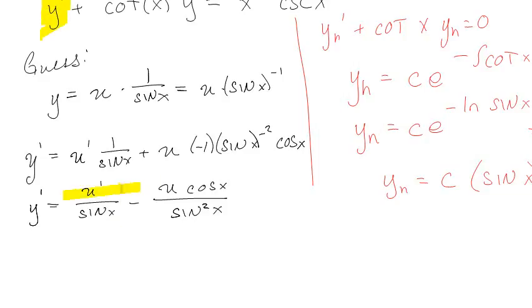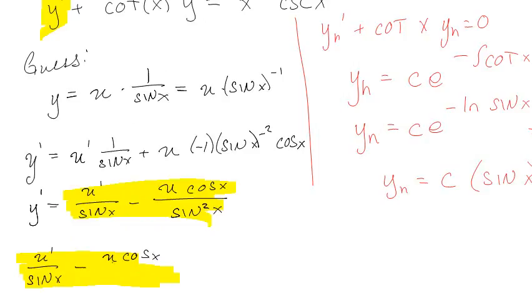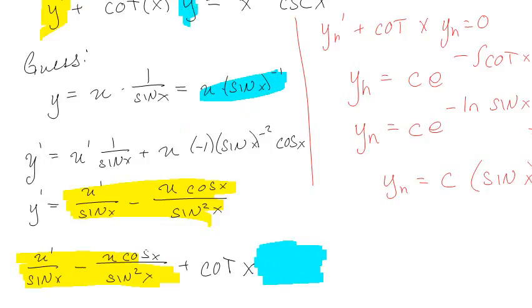So this is going to be plugged in here, it's going to look like this, and I've got u prime over sine of x minus u cosine of x over sine squared of x, and then plus cotangent x times y, and y is this thing. So y is u over the sine of x, and that's supposed to equal x times the cosecant of x.